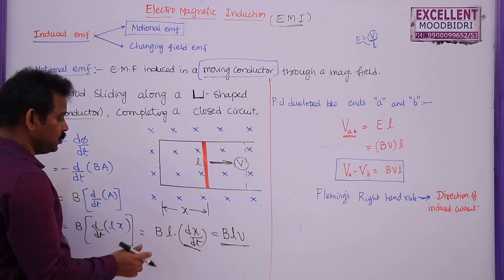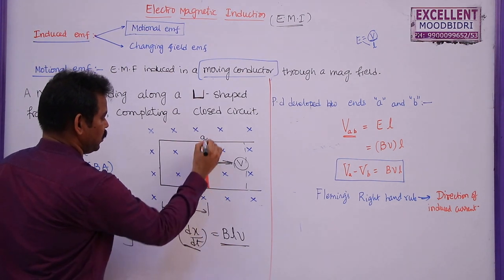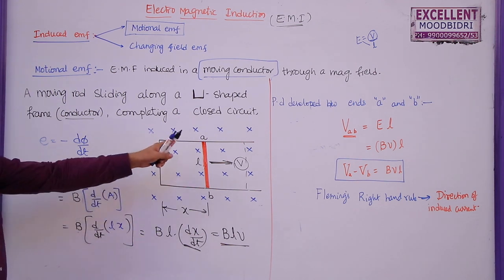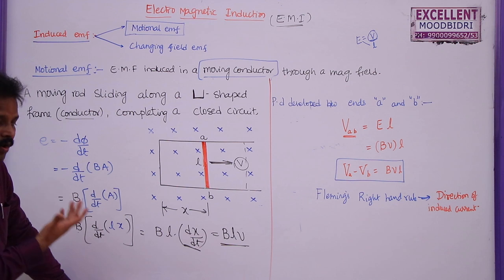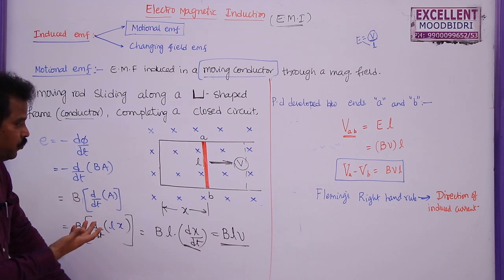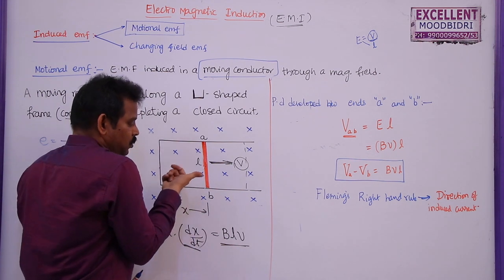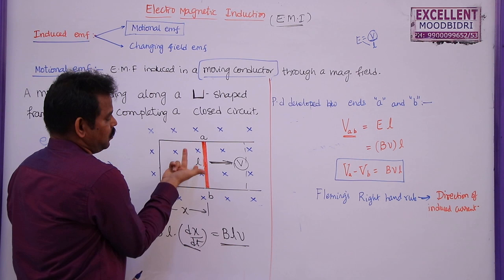Here, for the potential difference between these two ends, let me take A here and B here. Now I am going to find which end will be at high potential. To find this, first I need to find the induced current. The field is into the board, the rod is moving towards the right, and this is the direction of the current flowing here.